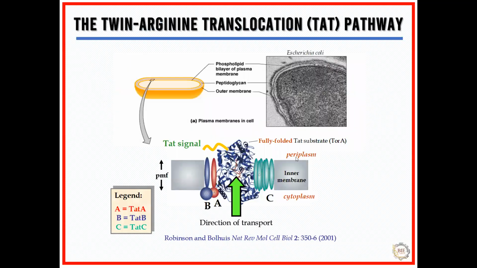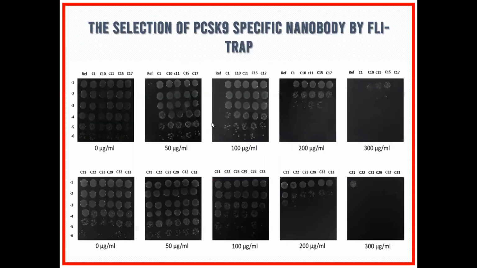The complex of the four molecules will be moved from the cytoplasm to the periplasm and make the E. coli cell that contains the specific nanobody antibiotic resistant. So we can say that if the E. coli cell shows high resistance, we can get a high affinity nanobody molecule.